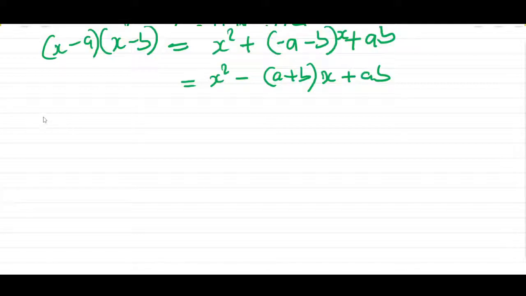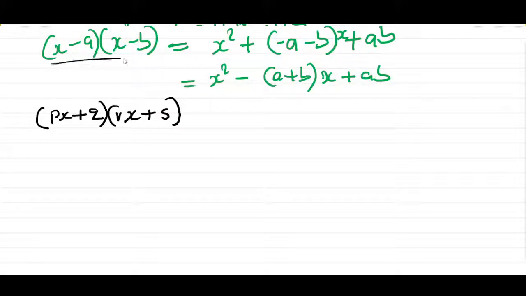Let's try to expand expressions such as this. Here we have px plus q, and then we'll have rx plus s. What we'll do is put it in the form we know.